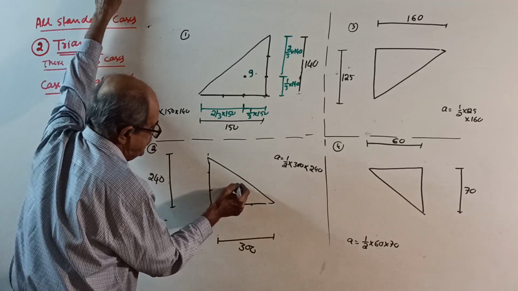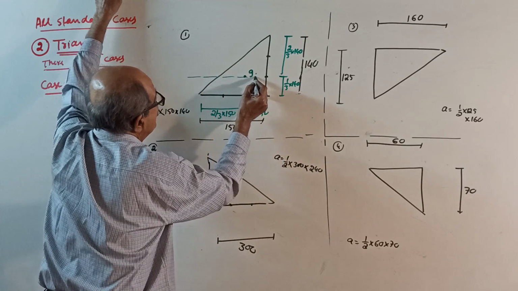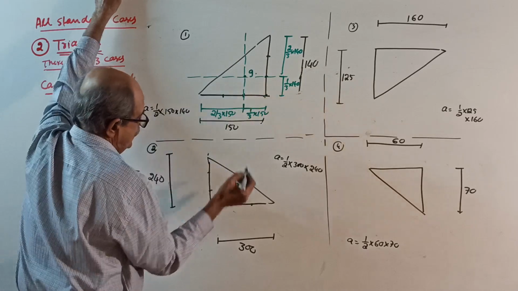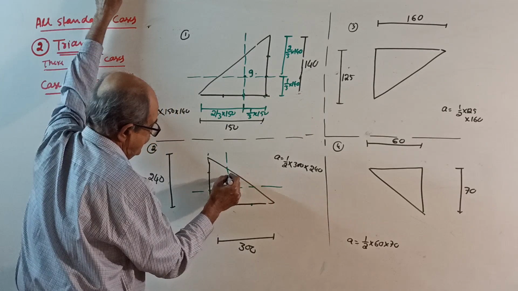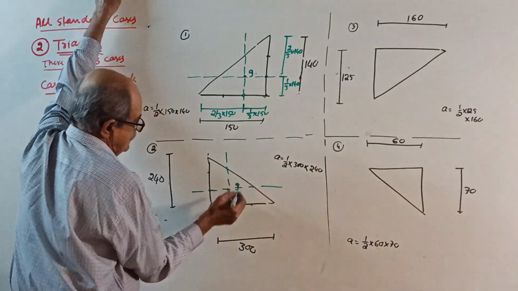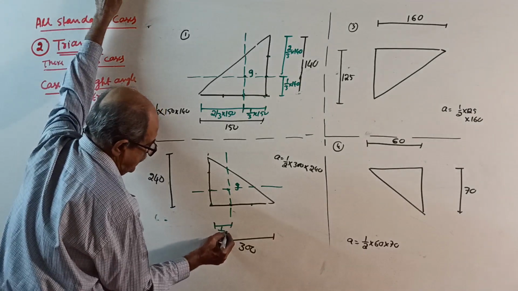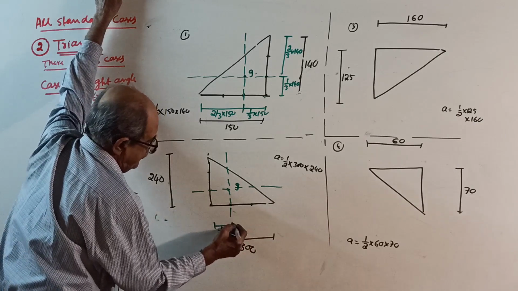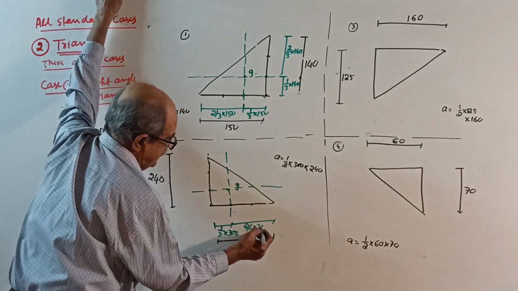This is centroid G. Now, through the centroid, draw 2 axes here. We want IG about those axes later. Now here, 1 axis here, 1 axis here. This distance is 1 by 3 of 300, and this is 2 by 3 of 300.